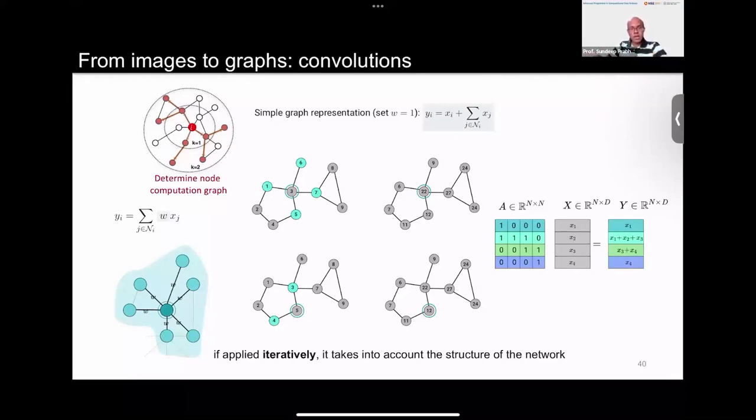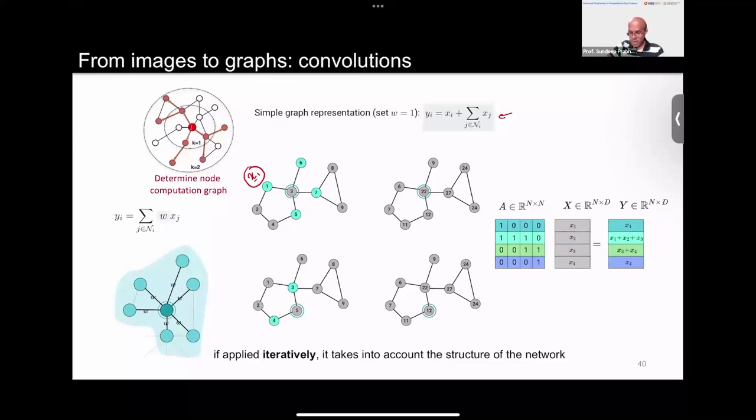Now, a way to generate a representation is to replace the feature vector or the attribute. Suppose I have a scalar attribute, say x1. To generate a new representation that takes both the graph topology information as well as the attribute information, I simply replace that value with the average information in the neighborhood, as seen here.